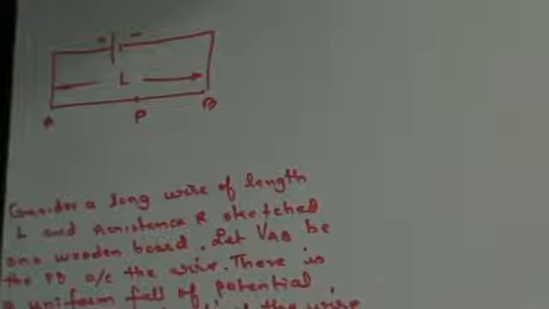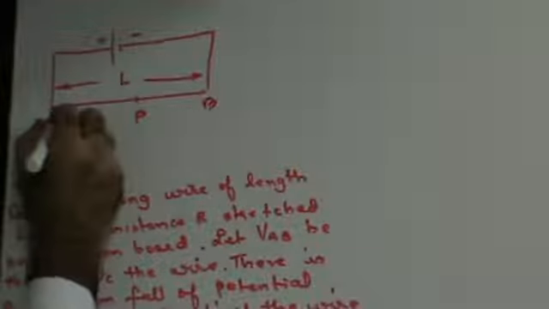Now let us consider, can you see the figure again? Let us consider a point P on the wire such that length AP is l.